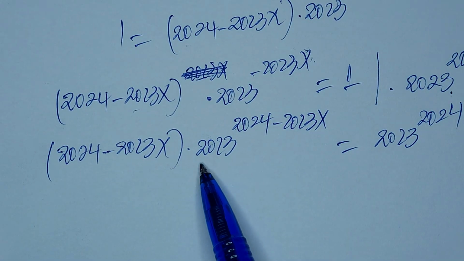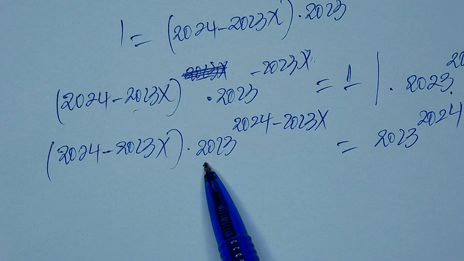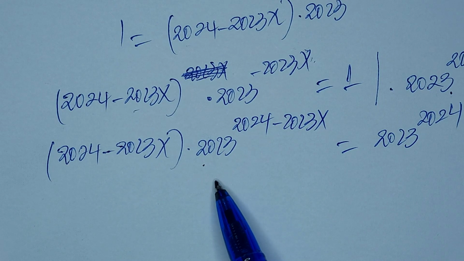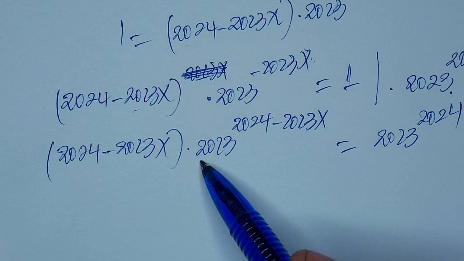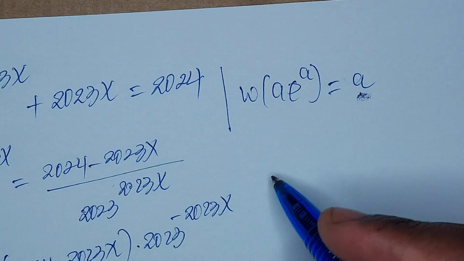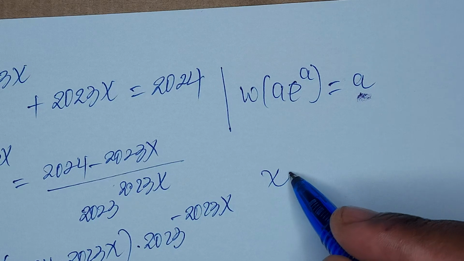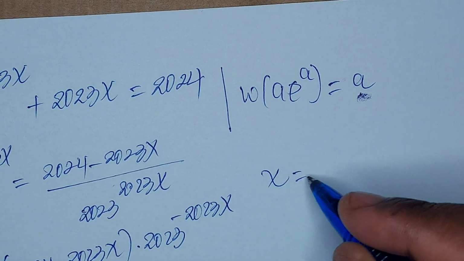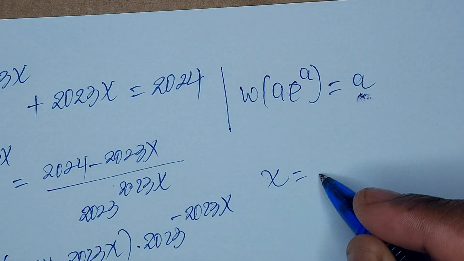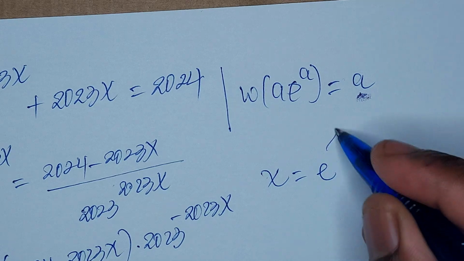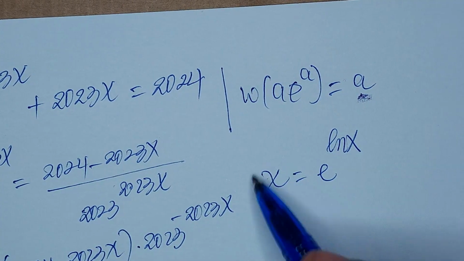Now from here, what I'm going to say is that, you see, when we have something, for instance x, we can say that x is the same thing as writing e to the power of ln of x. This is the same thing as x.